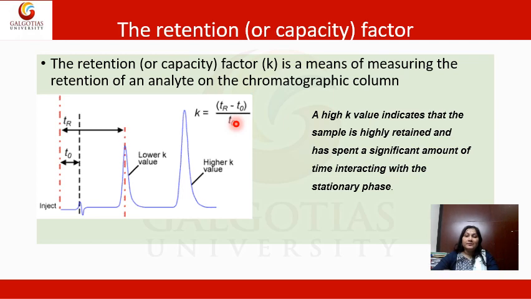What does it mean? Suppose we are using hexane as a mobile phase, and we have a mixture of polar and non-polar components. A compound that has greatest affinity with the hexane will elute out immediately when the solvent front passes.